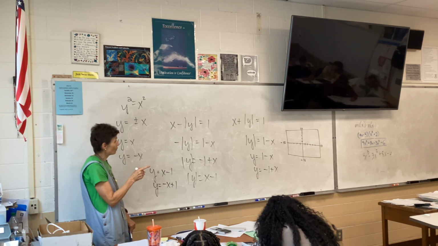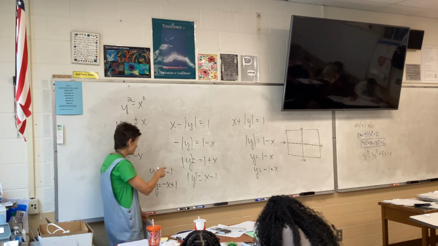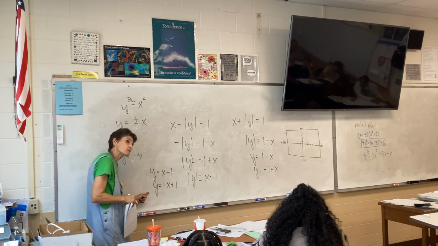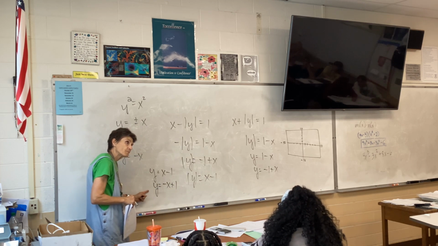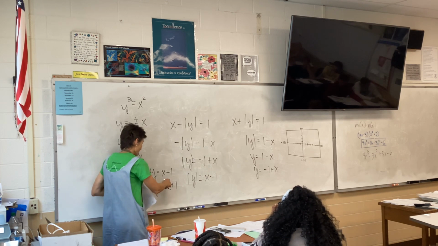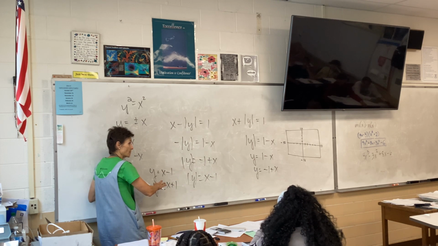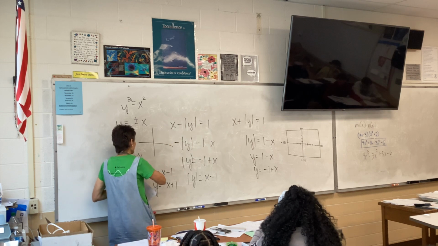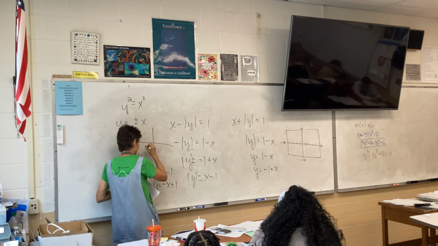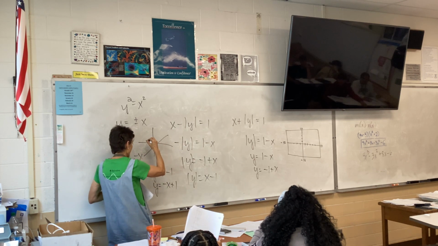Now, I need to warn you. When you graph one of these shapes, they're lines and they cross somewhere, right? When you draw these lines, one has a positive slope, and one has a negative slope.